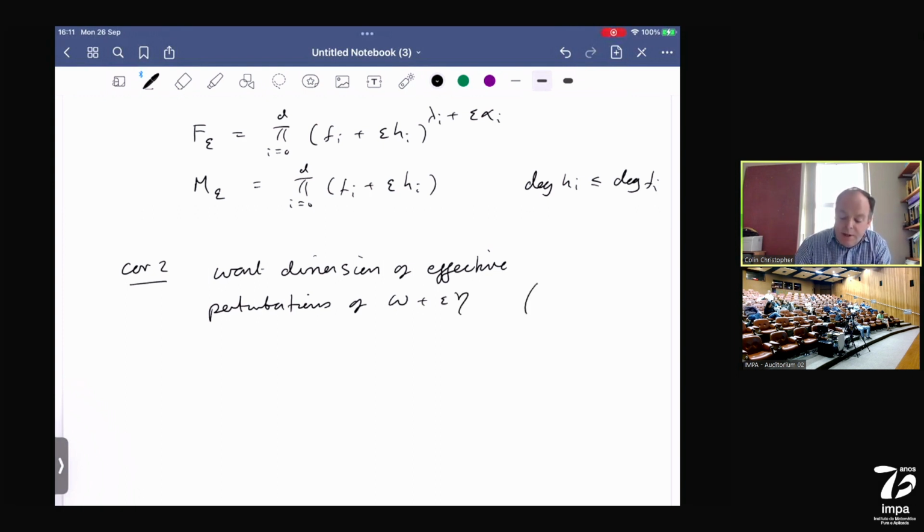In other words, we're looking for the dimension of the perturbations where the integral of eta over m on my family of vanishing cycles is not identically 0.